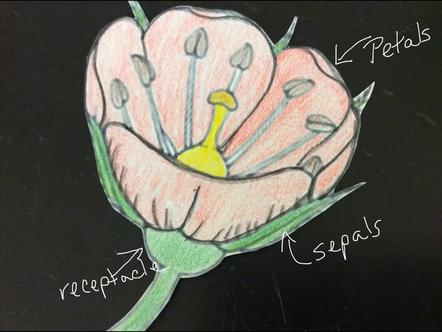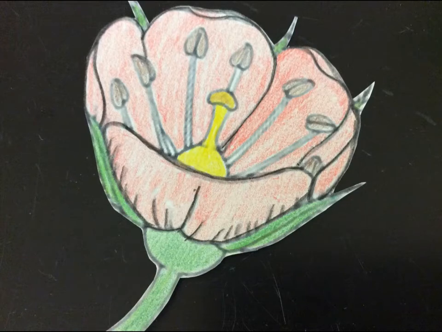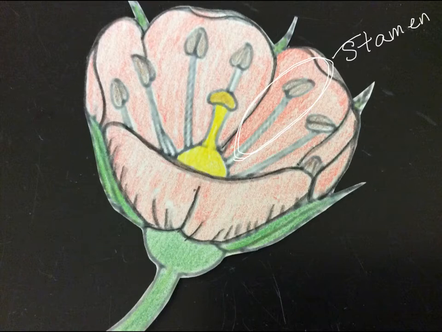Okay, next I want to take a look at the male part of our flower. So our male part of our flower is located right here, and it is called the stamen. The stamen is made up of two different parts.